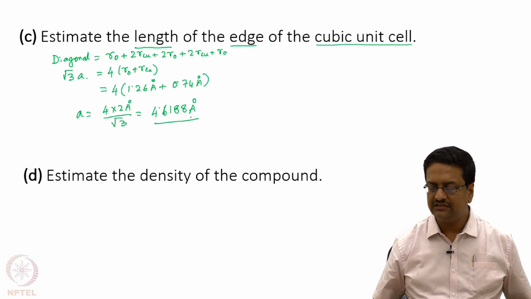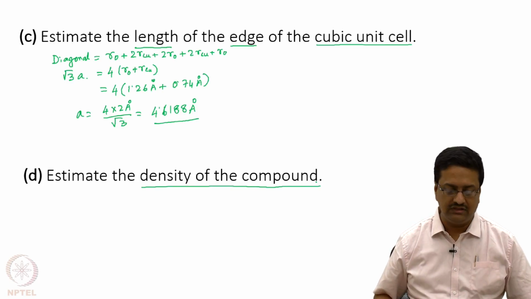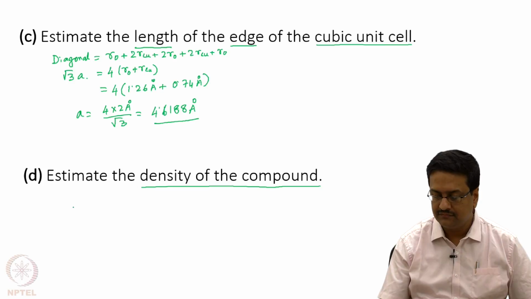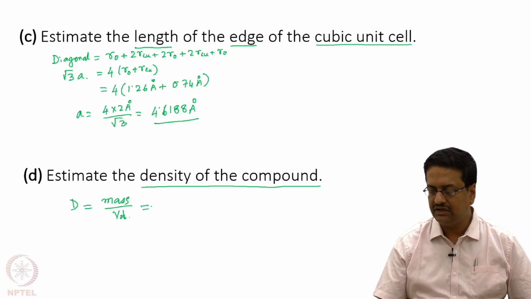When we try to estimate the density of this compound, the density D is equal to mass by volume. What is this mass?